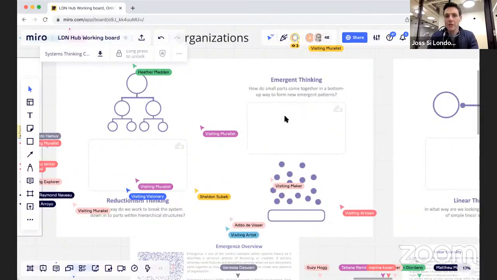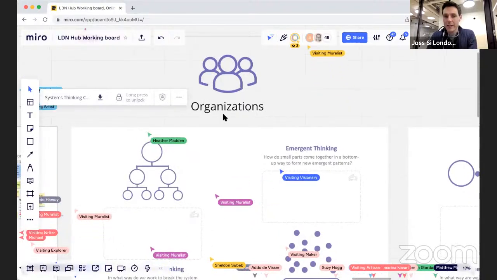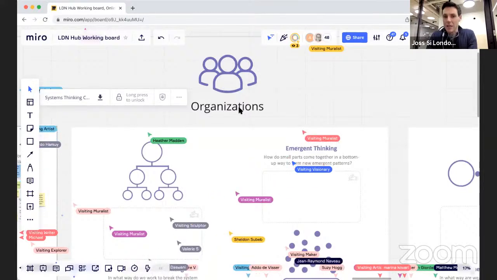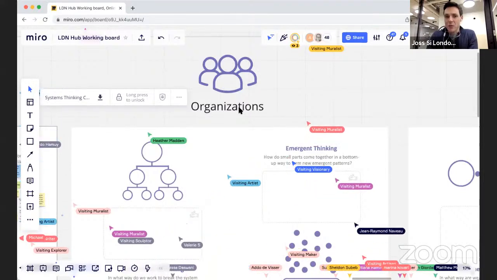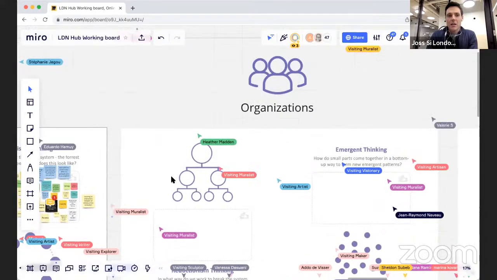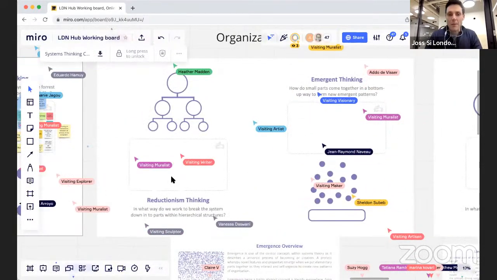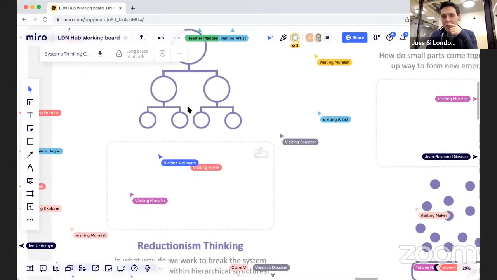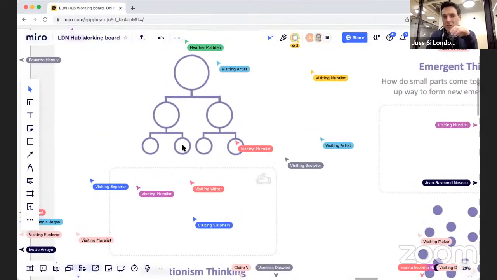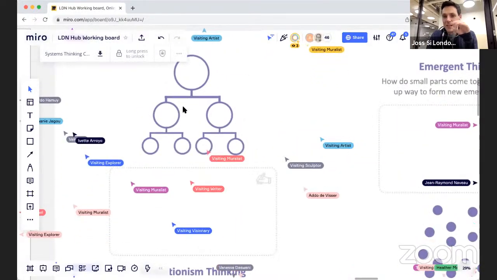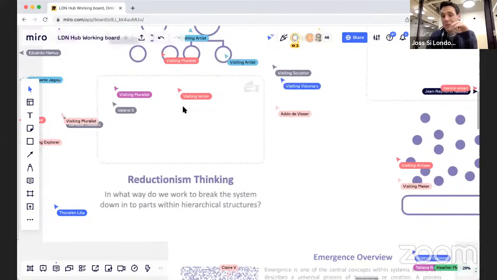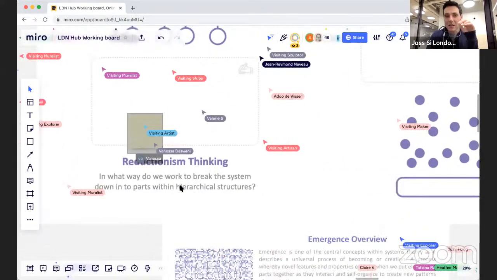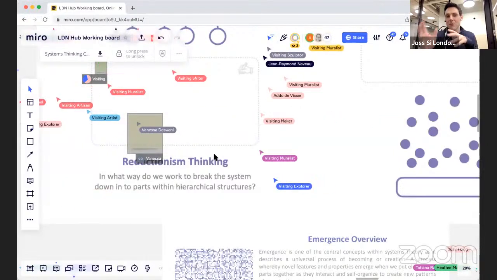So let's take the example of organizations. You could think about teams at work, how people work together and get things done in organizations. Let's grab our stickies again. We'll take a few more minutes and think, what do organizations look like from this reductionist paradigm? This even looks a bit like many of our organizational charts. Many of us will be familiar with this paradigm because we've mostly lived within these kinds of organizations, but let's post up our ideas here.